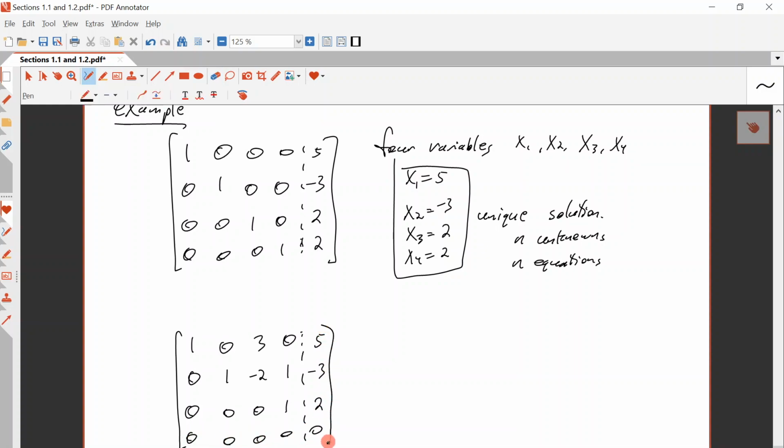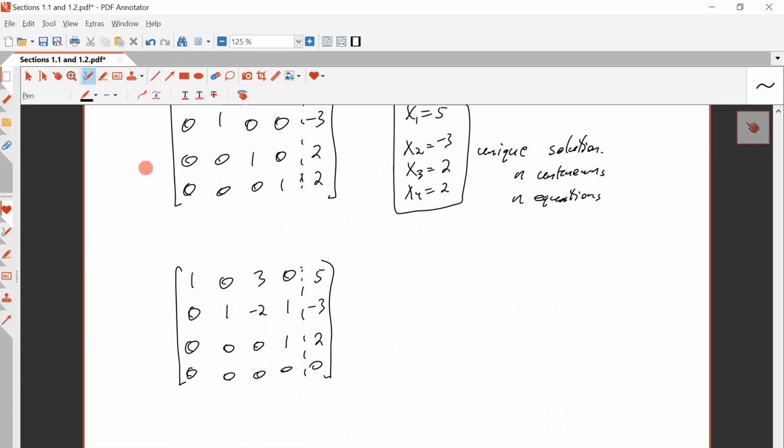Here I've got leading coefficients here, here, and here, and we're in reduced row echelon form. I have leading coefficients in these columns, and the columns are 0 in every other entry. So I have a 1 in the first row of the first column, a 1 in the second row of the second column, and a 1 in the third row of the fourth column, and then all zeros underneath.